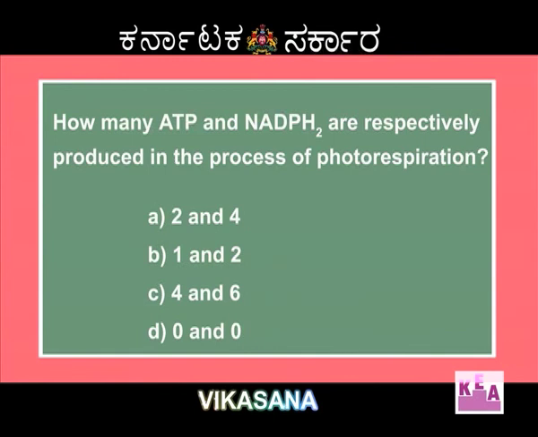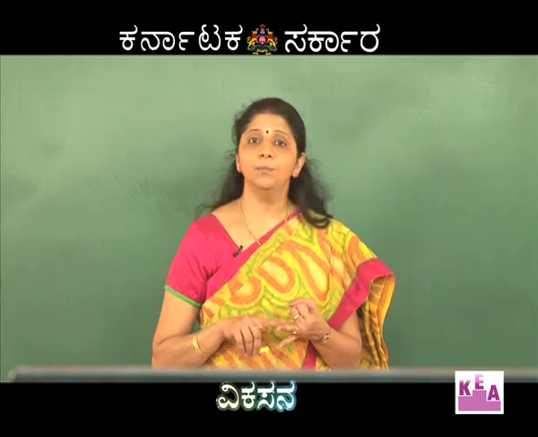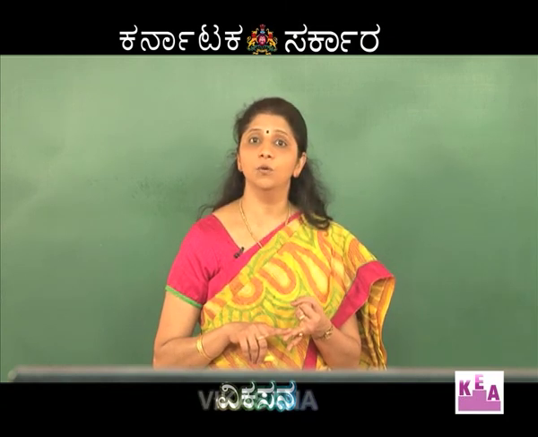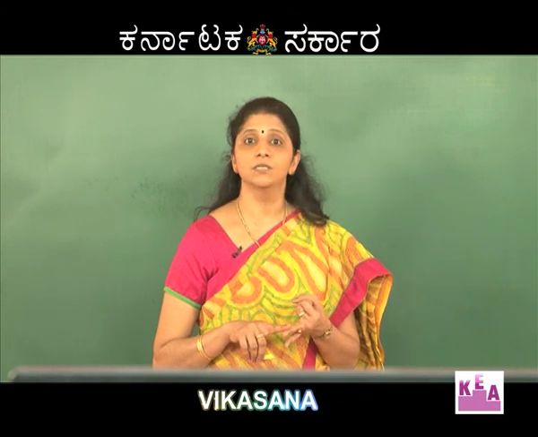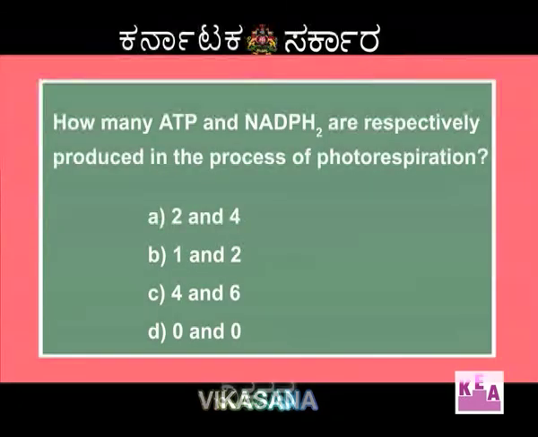No. Instead, ATP utilization will be there. Now, is there the production of NADPH molecule? Nothing. There is no production of NADPH molecules. And which is the correct option? The option D, 0 and 0, since there is no ATP production and no NADPH2 production.